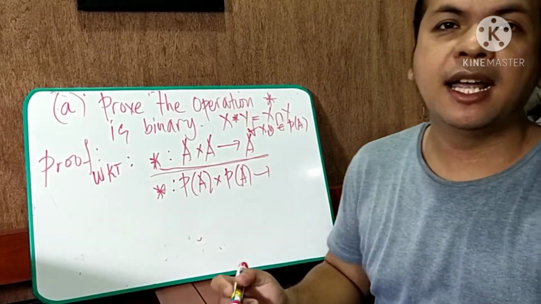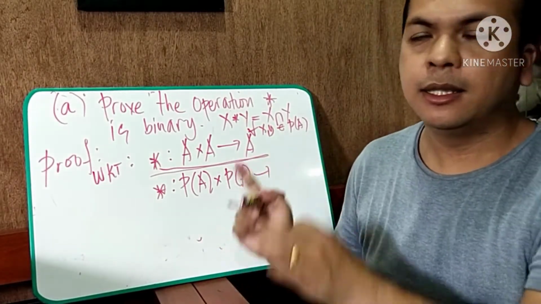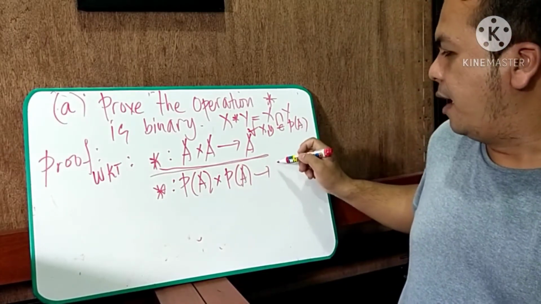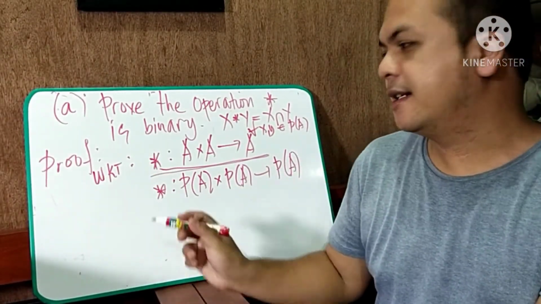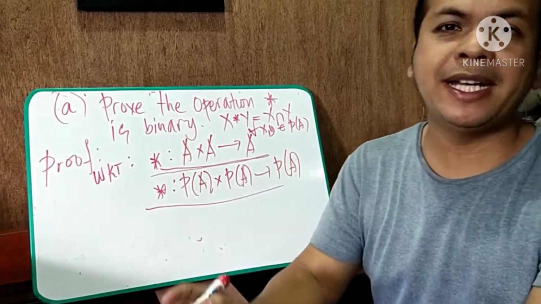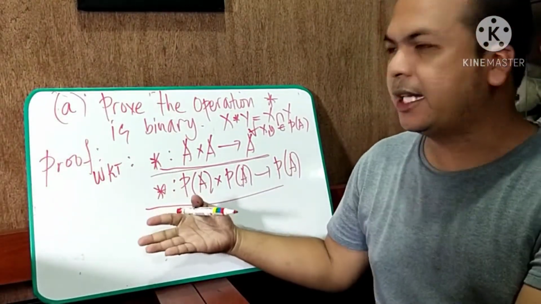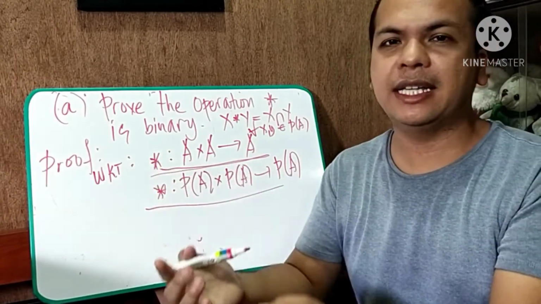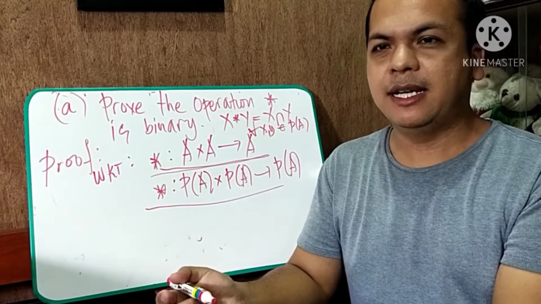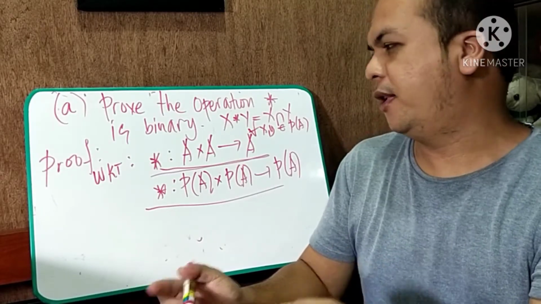And of course, ang kanyang codomain would be P of A. Okay? So, based on our definition for binary operation, ito yung ating notation as a result dun sa ating example.